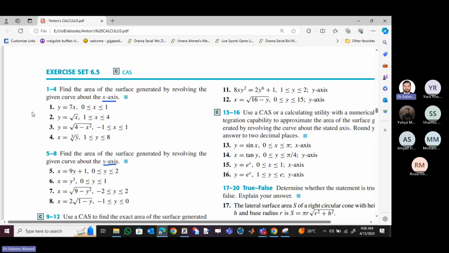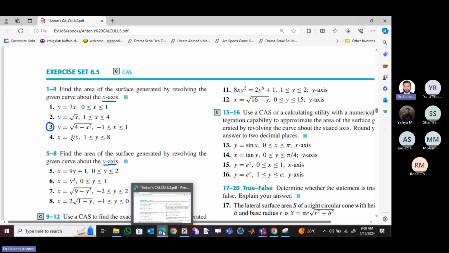So maybe we can pick one question from here. Can we pick this one? This may be a little difficult, but let's pick it. And then we can choose something from here as well. Or at least I can make it an integral, and then you can solve it, let's say.